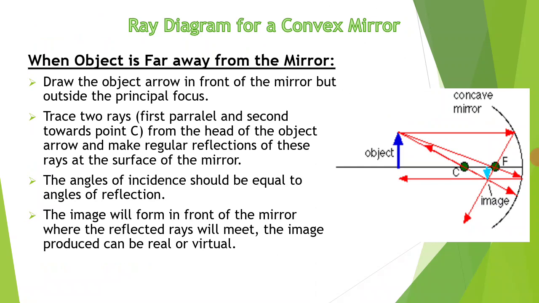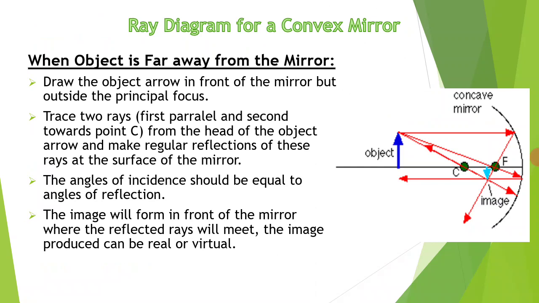Now, how to draw a ray diagram for a concave mirror? There are two situations. Number one is when the object is far away from the mirror. When the object is far away from the mirror, draw the object arrow in front of the mirror but outside the principal focus.